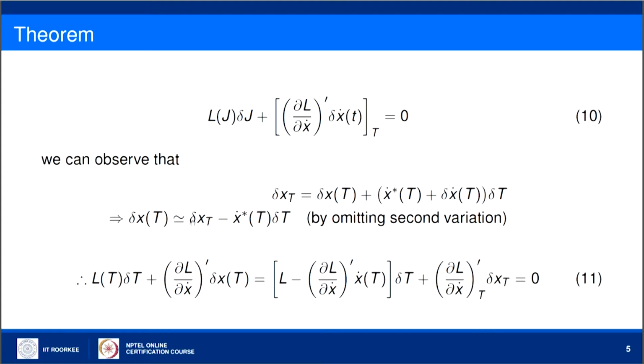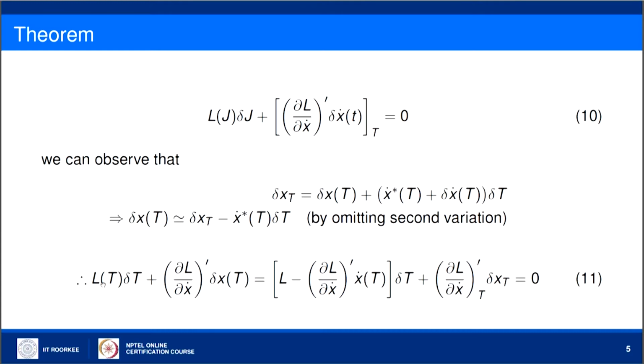So, substituting this del x of capital T in the expression of the boundary condition in equation 10 and converting it into the H value, we will get the following expression.